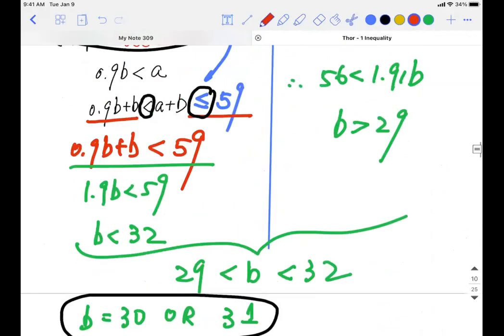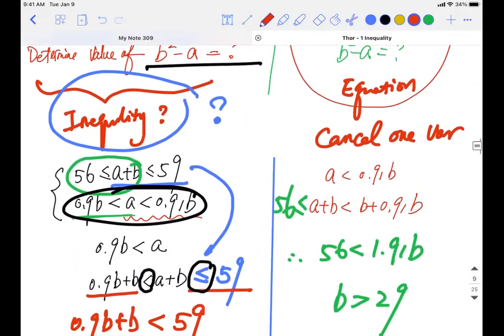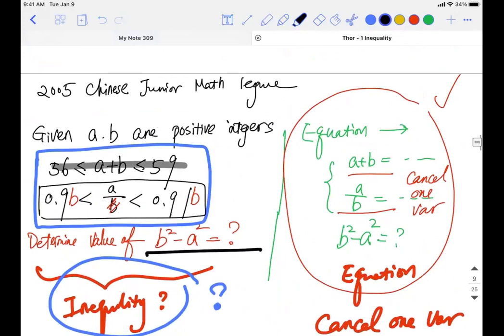Okay, so this problem is not complicated, but it actually gives us a very important piece of common sense. As long as you're dealing with multiple inequalities, and multiple variables for sure, you will be doing exactly the same thing as with our equations.